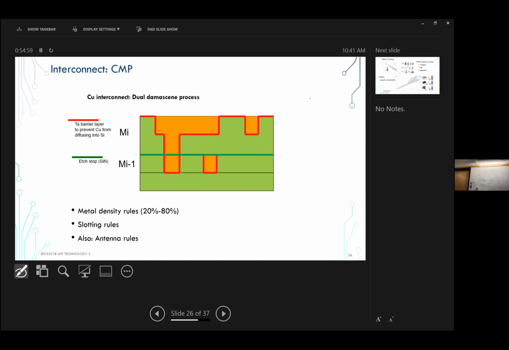Metallization has changed. A long time ago it used to be aluminum that was used for wires. Now it's copper, and the designers need to worry about copper. Why? Copper is a lot softer than, say, SiO2.